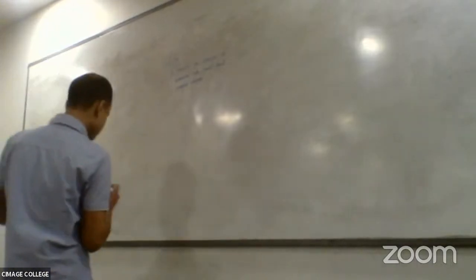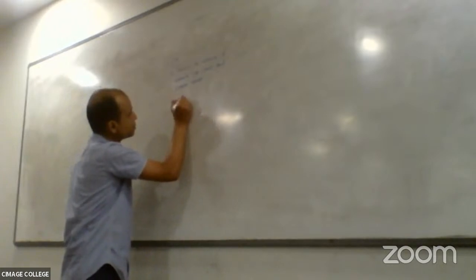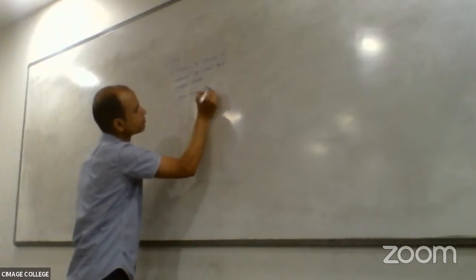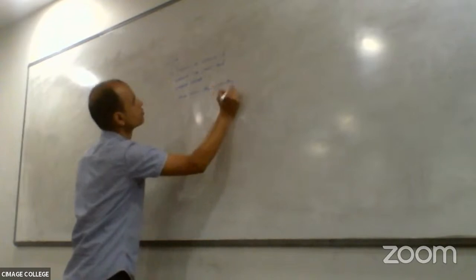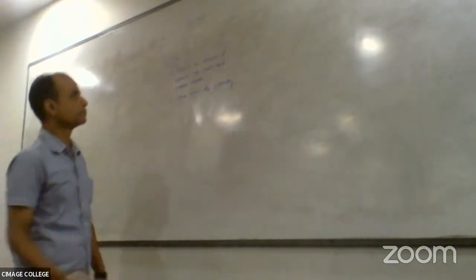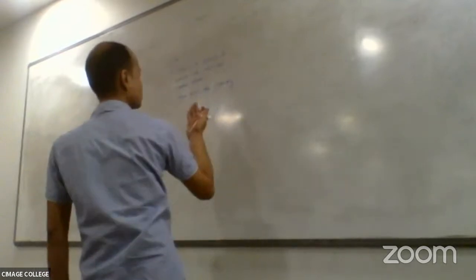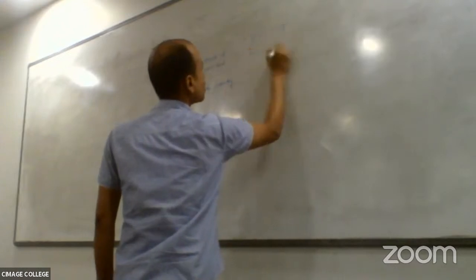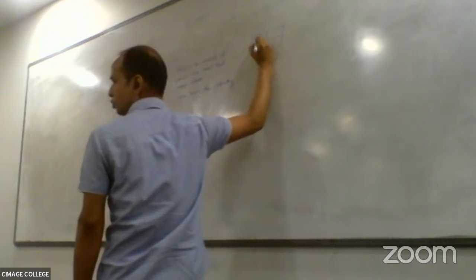Fine. Now, VLSM saves more IP than subnetting. But how? Just see with an example. Again I'm going to take 4 departments.